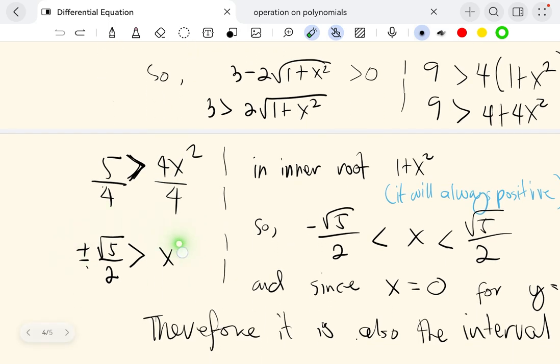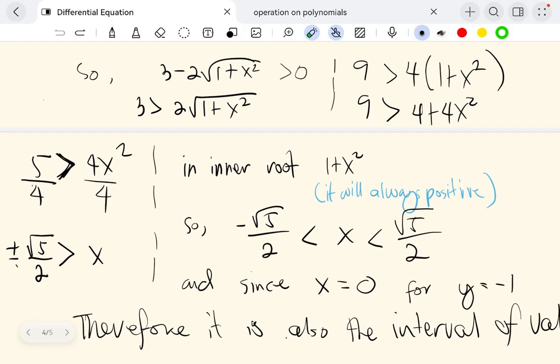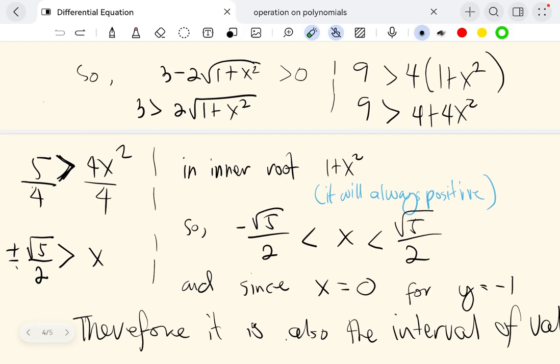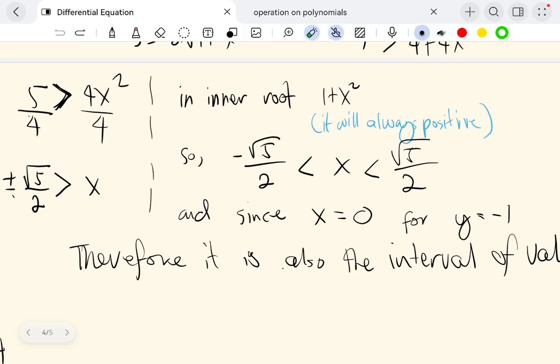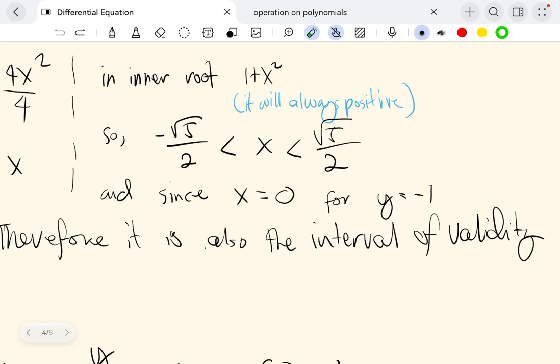And we have this one, square root of 5 divided by 2, which is greater than the absolute value of x. So the inner root, 1 plus x squared, so we have this absolute value. So this will also be your maximum of the interval of validity, since your x is equal to 0. So between these two is included.